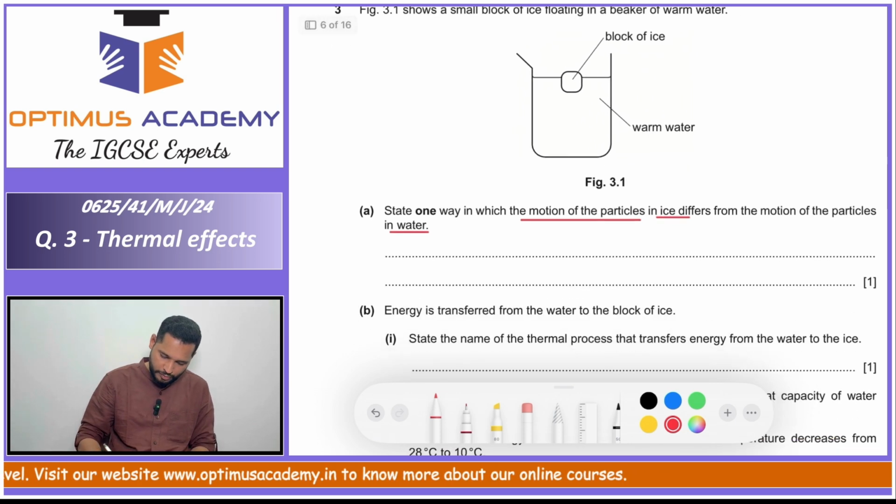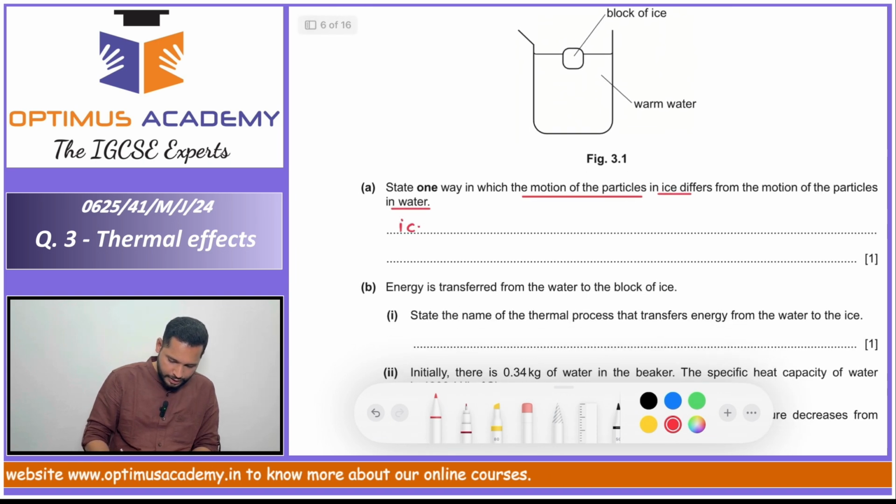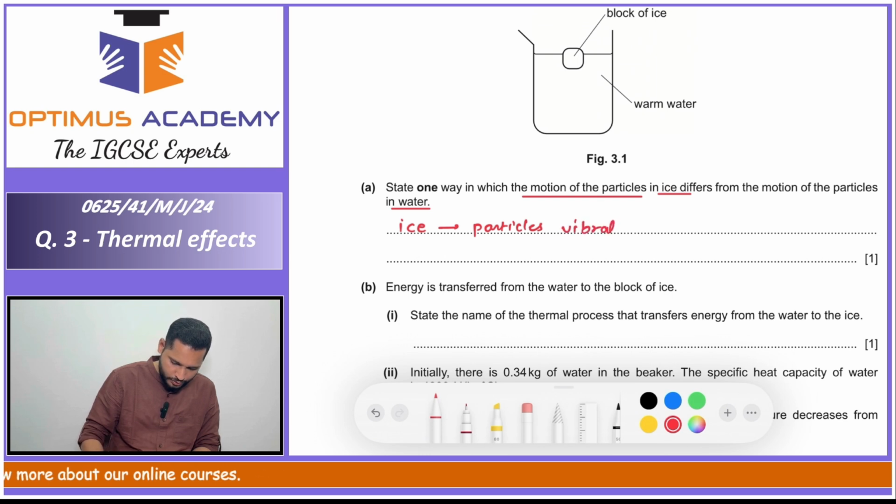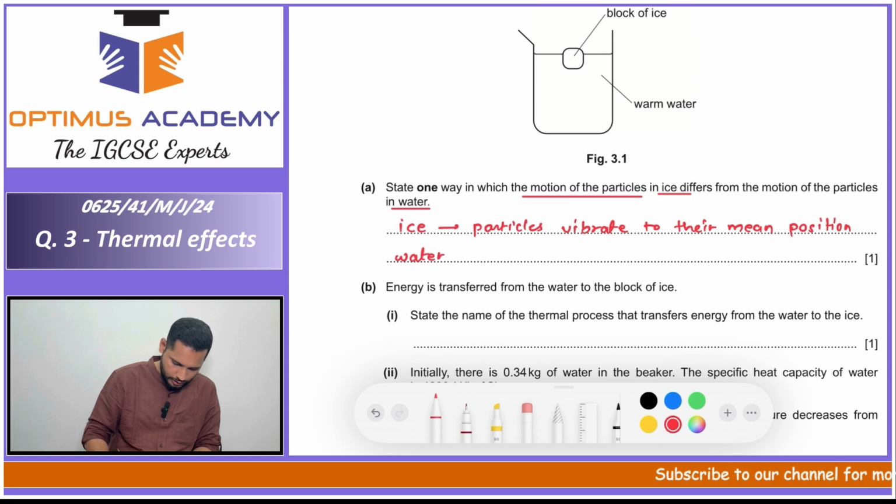Talking about the motion of the particles, we can simply write: in ice, particles vibrate about their mean position, whereas in water the particles slide over each other.